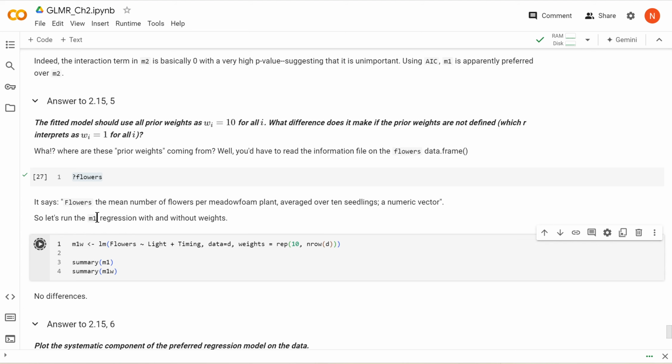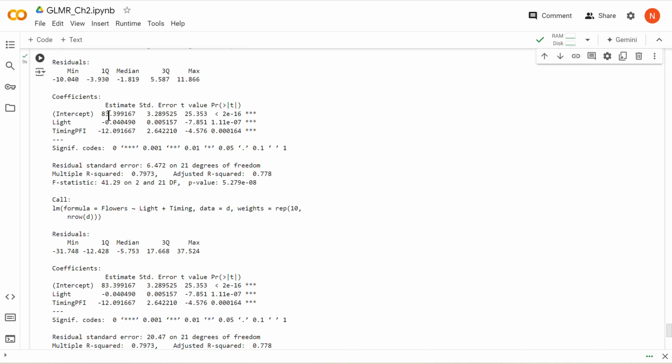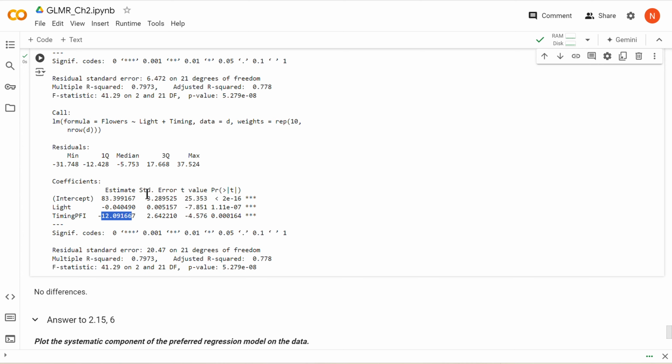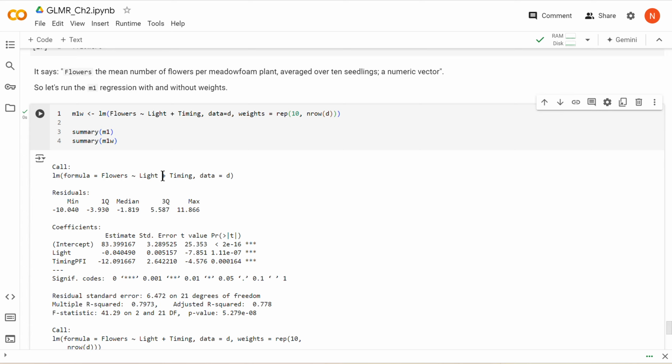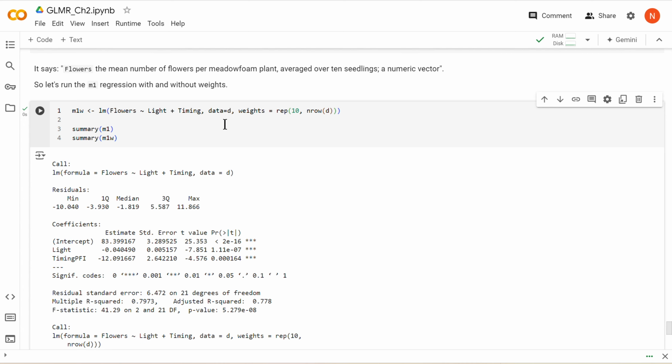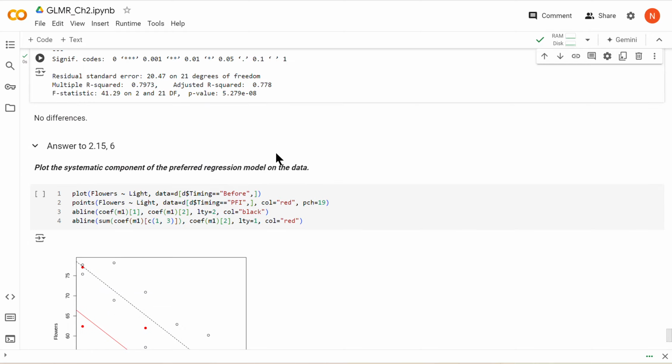We'll compare the outcomes here. And they are identical. You can go through and compare them, but we shouldn't be surprised that they're identical, because when every observation is weighted the same, what would it mean to weight them in the first place? We haven't changed anything by adding the weight of 10, as opposed to, by default, having them all weighted as 1.